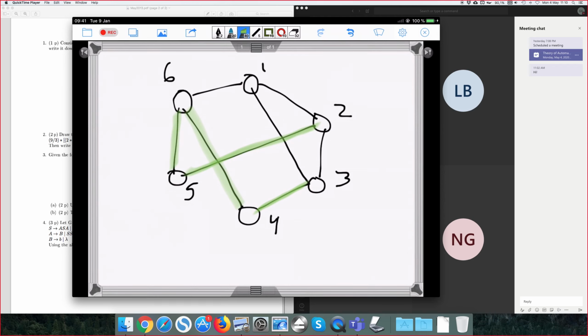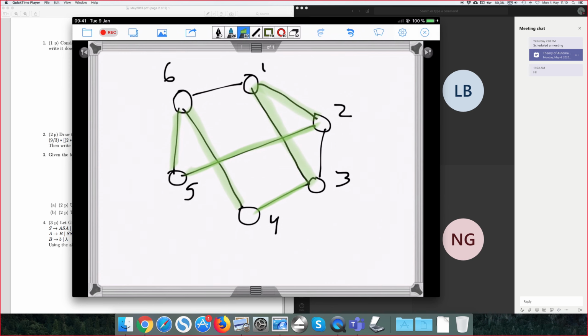Okay, so in this case, if there is a circuit, you are going to be using these edges for sure. Okay, so you need to complete the edges from these 4 into a circuit in order for this to work. Okay, so what you can do here, for instance, is to complete with this edge and this edge.